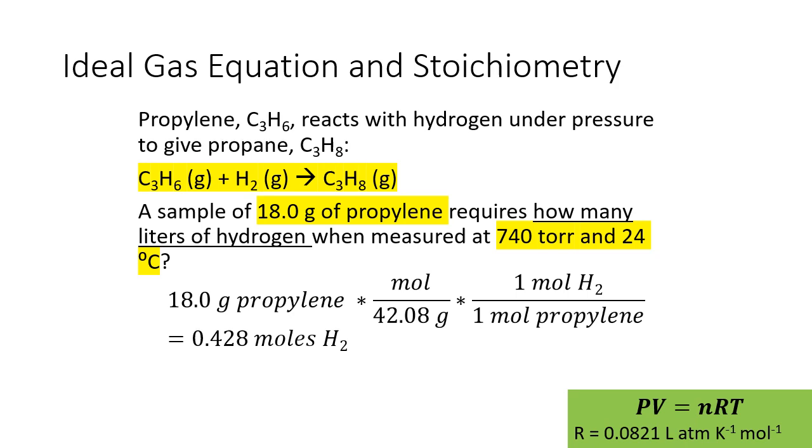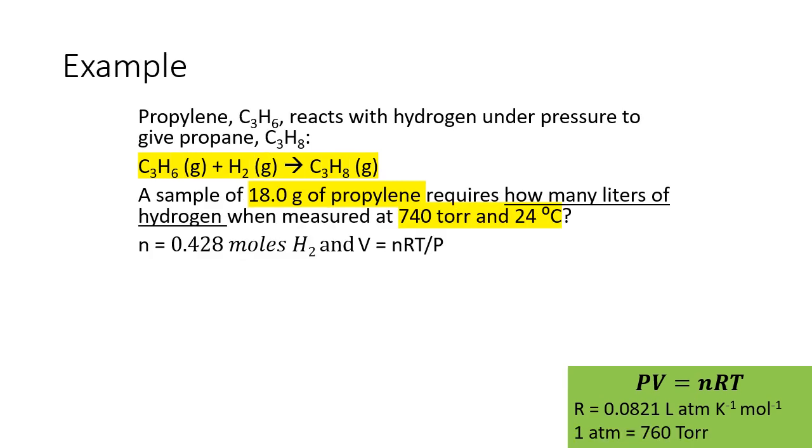But wait, there's more. So we need to do those unit conversions that we already talked about. And in addition to that, we know that we need to solve for volume. So volume is equal to nRT over P. Algebra. All right, so from the previous slide, we have our 0.428 moles of hydrogen, and our volume equals nRT over P. We're going to convert pressure to atmospheres.